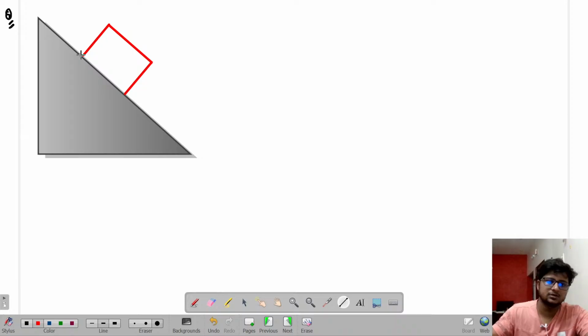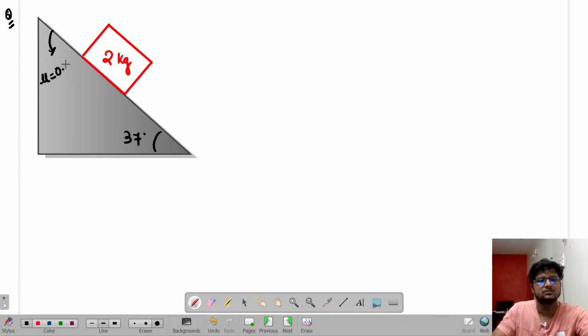And let's suppose there is a block whose mass, let's suppose, is 2 kg, and this inclination is 37 degrees. The value of mu is 0.2.